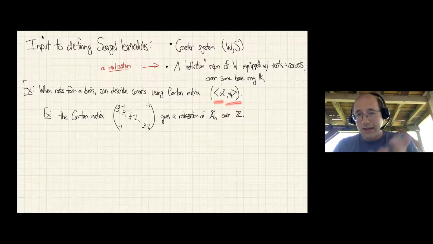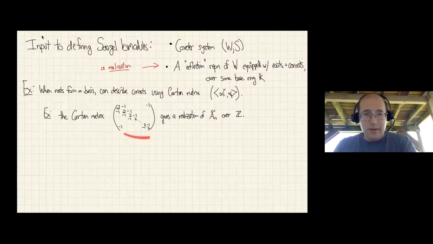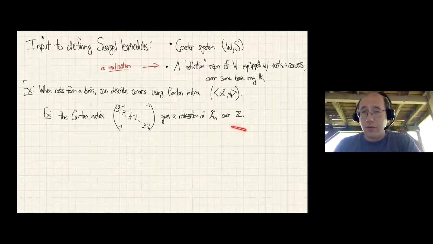And you can encode this in a matrix, and this is called the Cartan matrix. And so, for instance, this matrix right here would encode for you a realization. This is the Cartan matrix of the affine Weil group in type A. So this gives you a realization of the affine Weil group. And everything is an integer in sight, so you could choose your base ring to be the integers if you wanted, or any field.